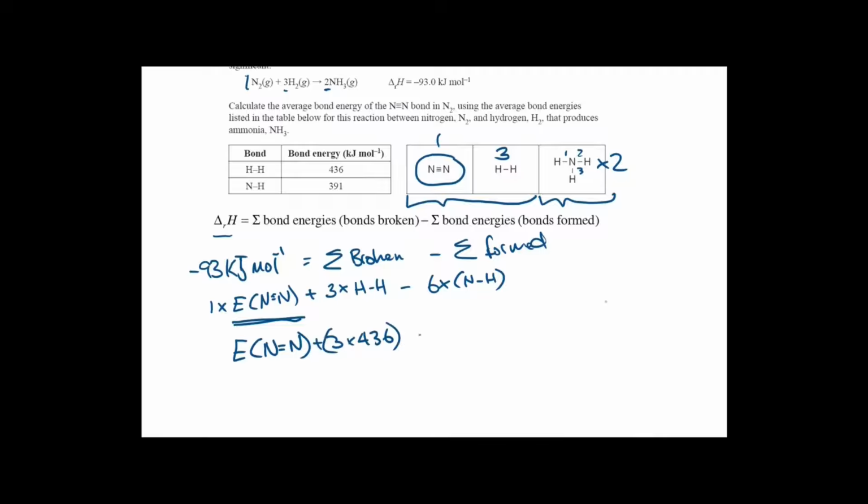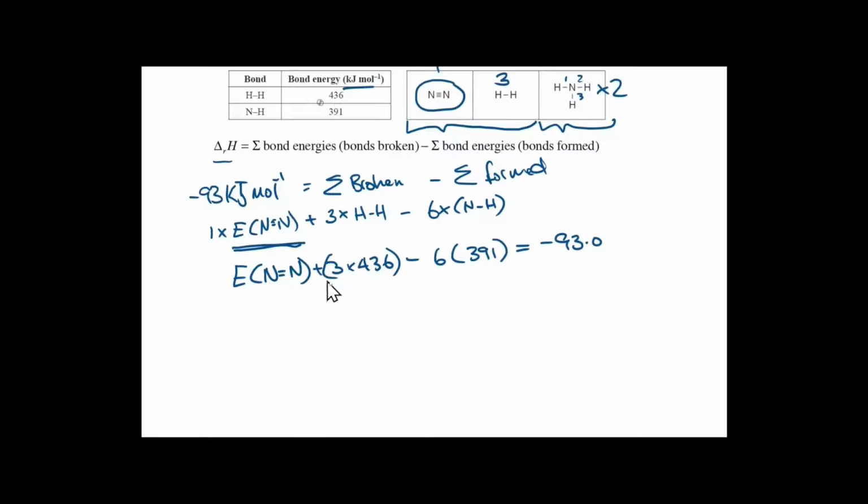436 minus, and there are 6 of these NH bonds formed, and that's going to be equal to negative 93.0, and these are all in kilojoules per mole, so they're all in the same units there, so we're okay.